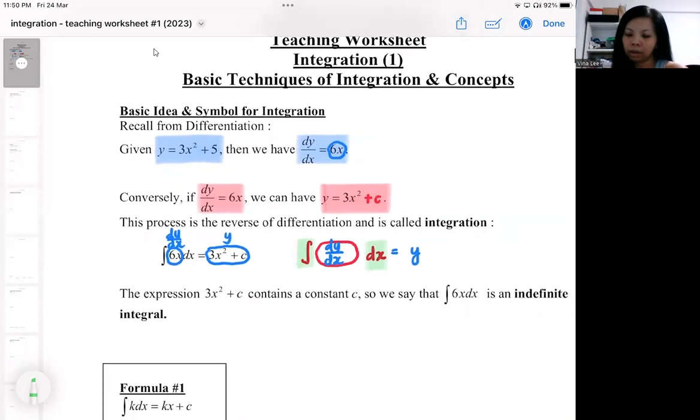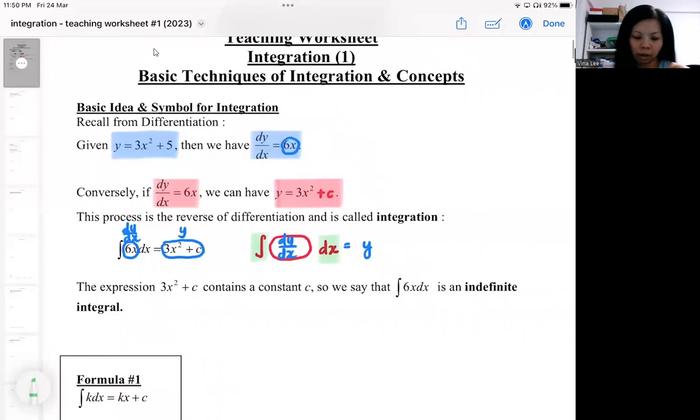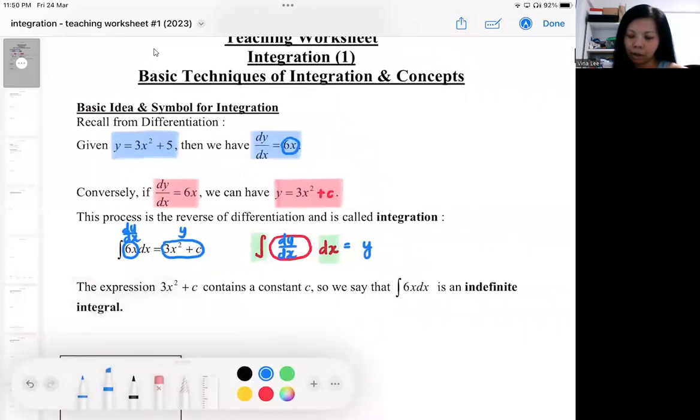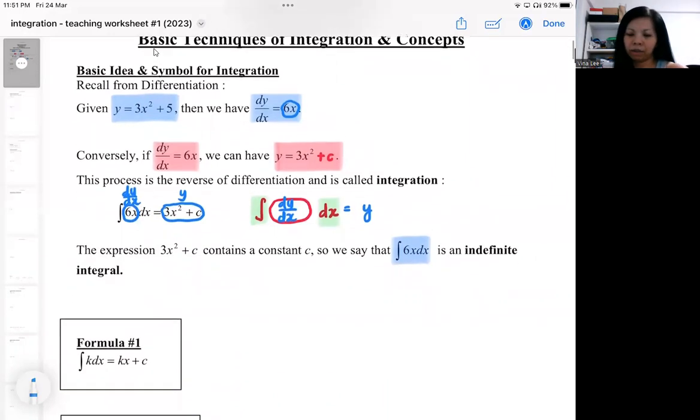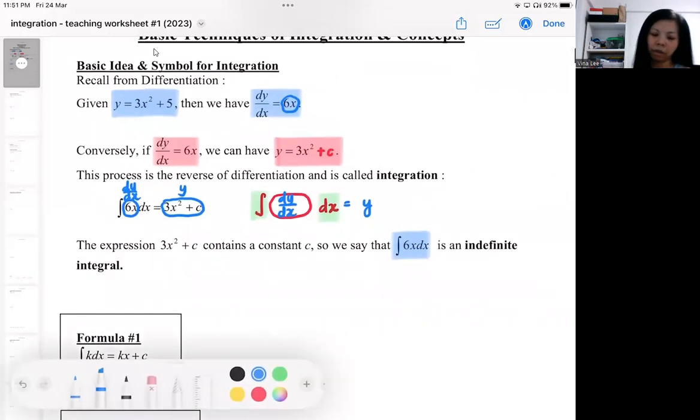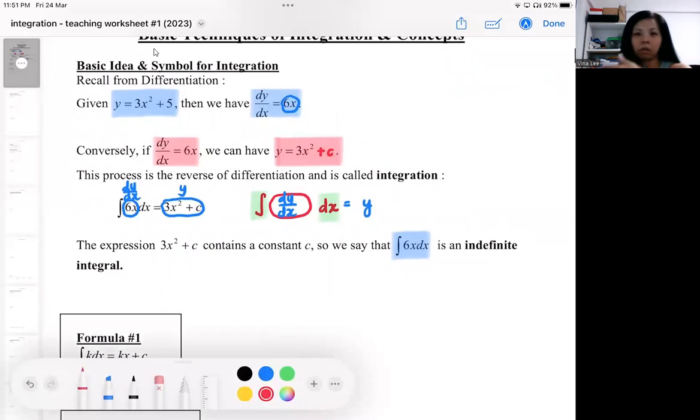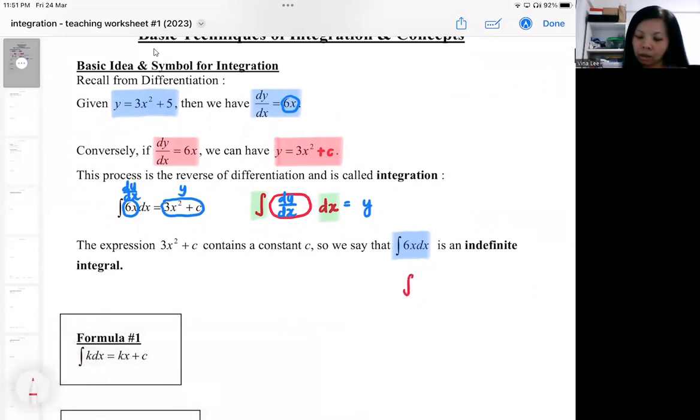In this case, integrating 6x with respect to x is called an indefinite integral. Why is it called indefinite integral, and what is the opposite of it? Later on, in one of the teaching worksheets, you will start to learn some integration that has some numbers here.